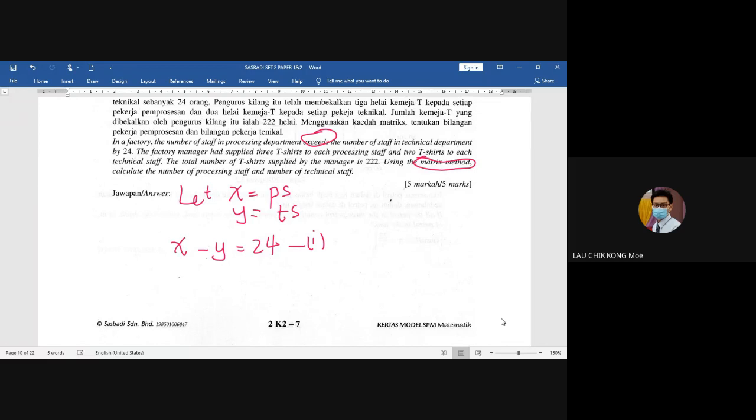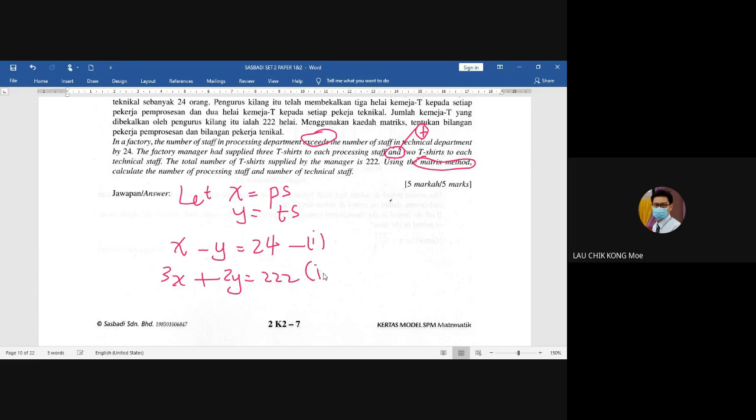And then for the second equation, the factory manager has supplied 3 t-shirts to each processing staff. Processing staff 3 t-shirts, 3S plus, because 'and' is tambah, 2 t-shirts to each technical staff, so 2Y. So altogether supplied 222 t-shirts.